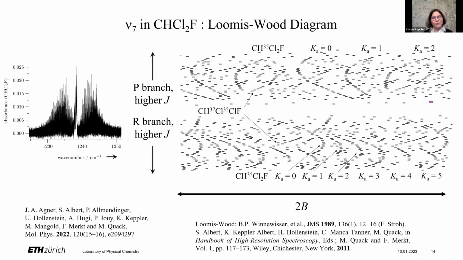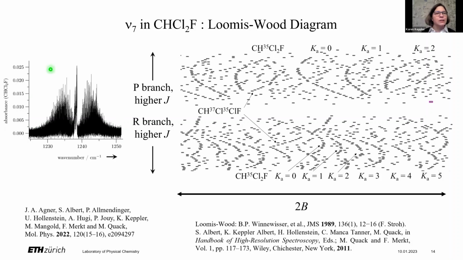We take all of these thousands of transitions and we break them down into something that's a little bit more manageable using something called a Loomis-Wood diagram. And what you see here, of course, let me give you a little bit of orientation. Here you have a typical absorbance versus wavenumber diagram.